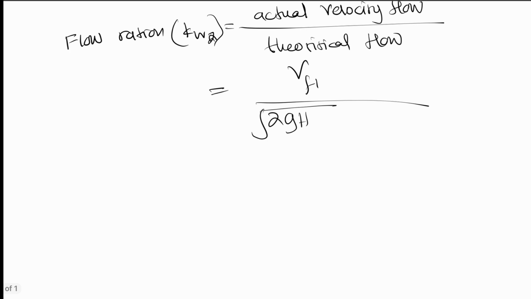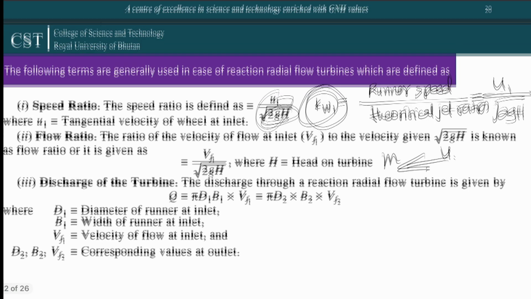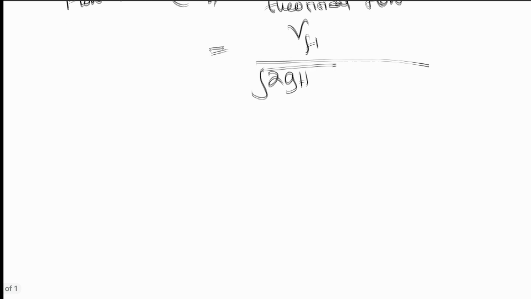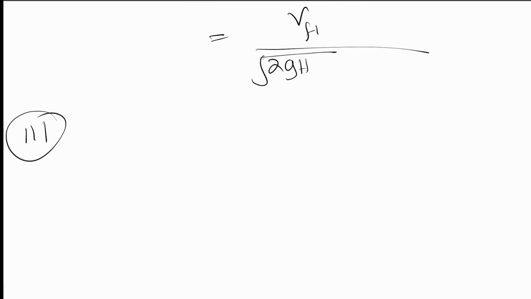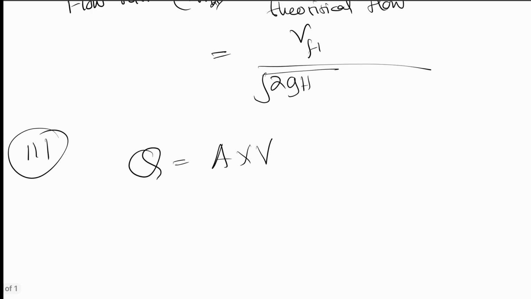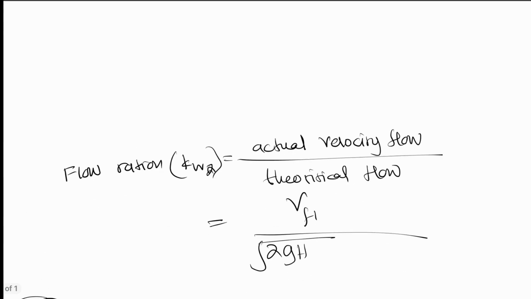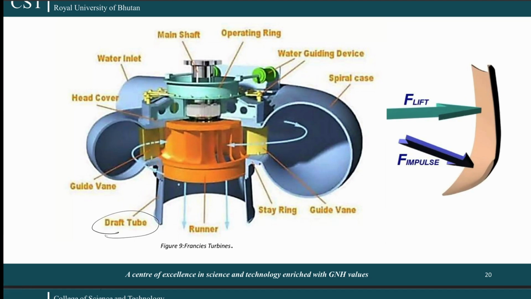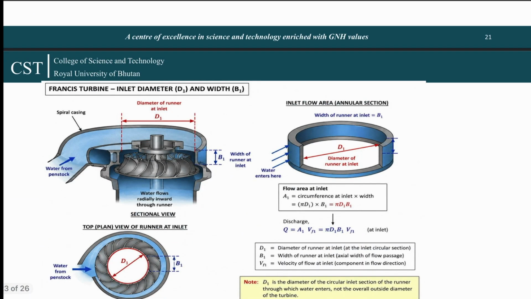And now moving to the third one, that is the discharge of the turbine. For this case, I will do the derivation here. Basically, we know that discharge is area times velocity. When we talk about the casing of this Francis turbine, we can see that it has a circular cross section, and you can see it reflected here.